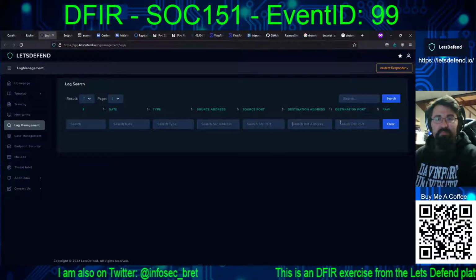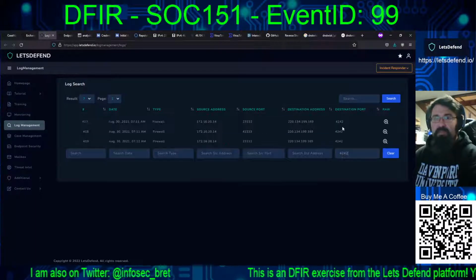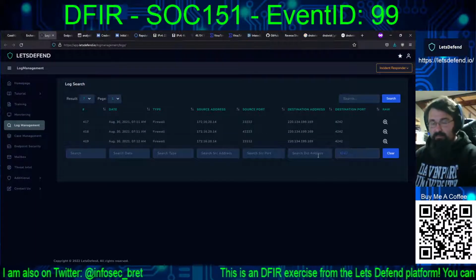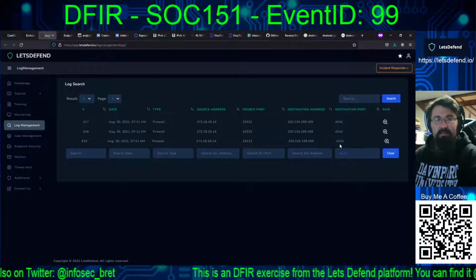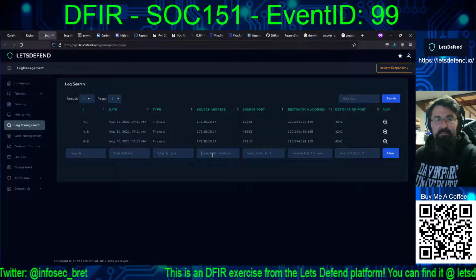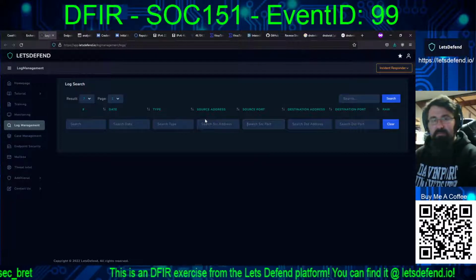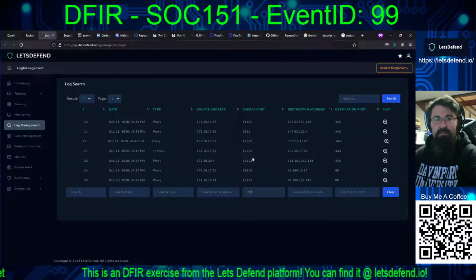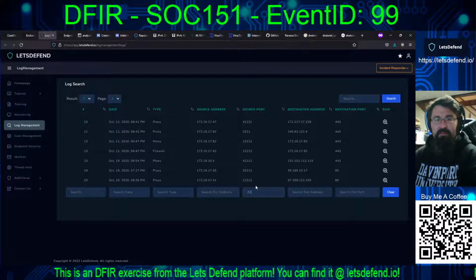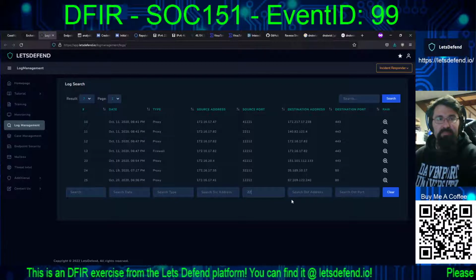Destination ports. Is there anything else using 4242? All the same. So if we go source port, anything 4242, negative. Oh, it's because it's everything put together like that.